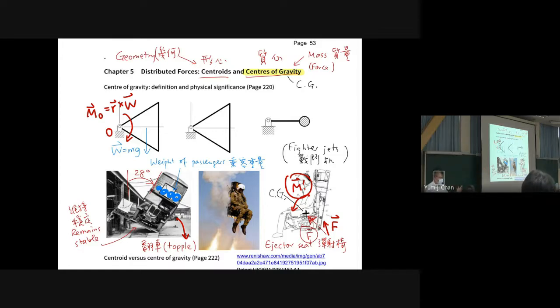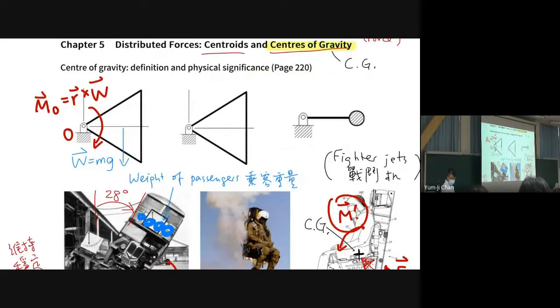Now we go to the next figure. We cut this triangle into many small pieces or stripes.